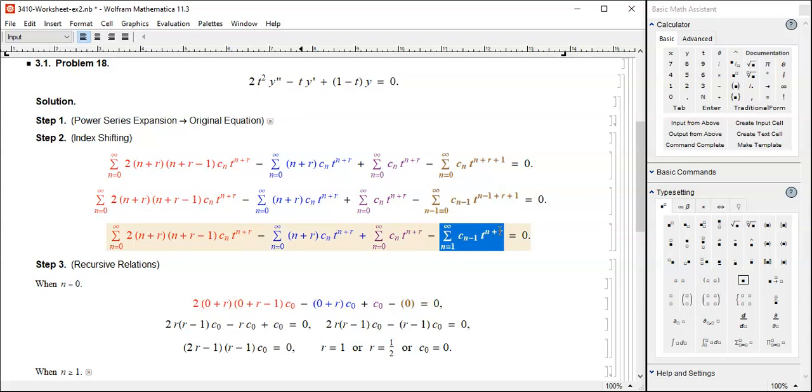So when n equals 0, this part doesn't do anything. How about red, blue, and purple? Plug in n equals 0, and then you're going to get these coefficients. Plug in n equals 0, so we have 0 plus r, 0 plus r minus 1, and then 0 plus r, and so on and so forth, and we get this equation.